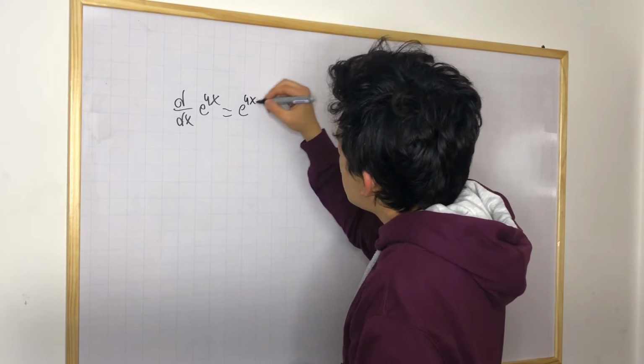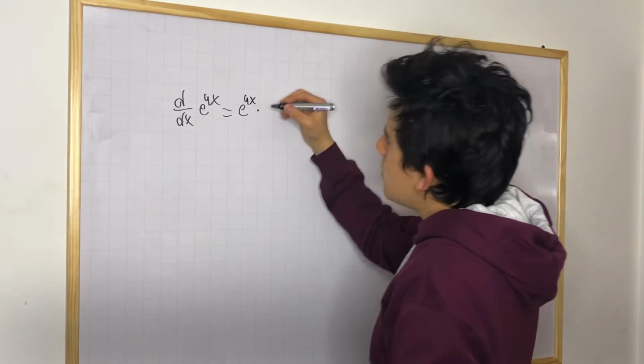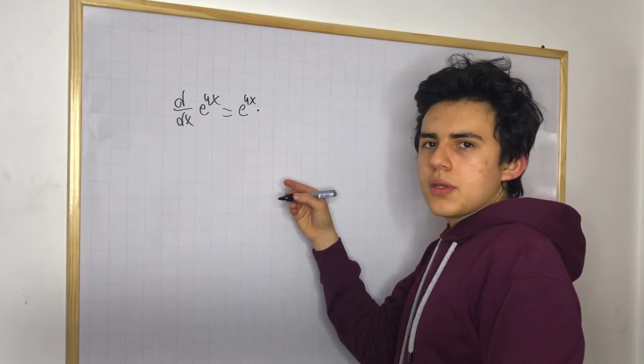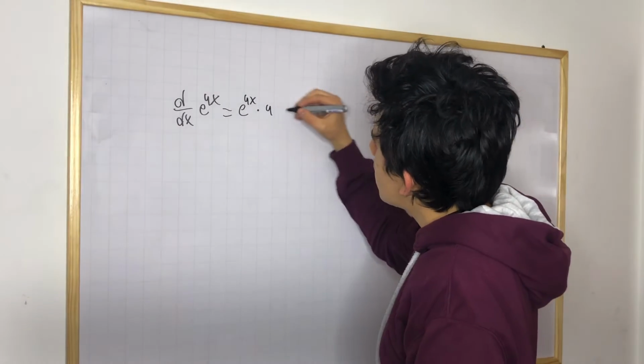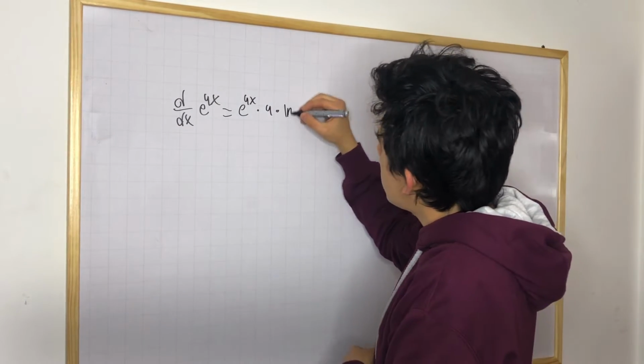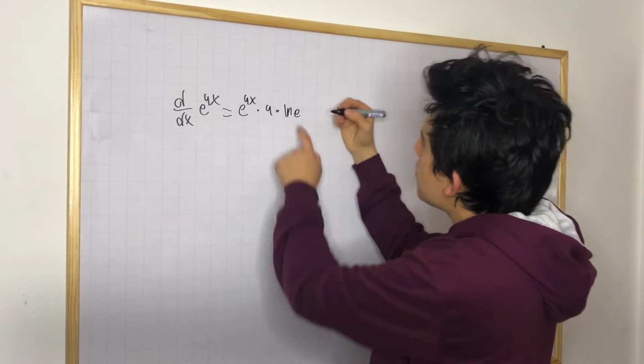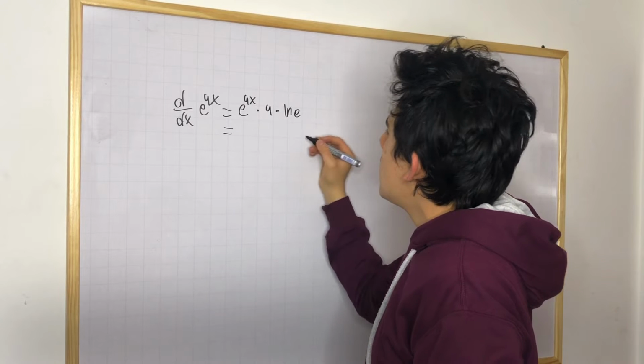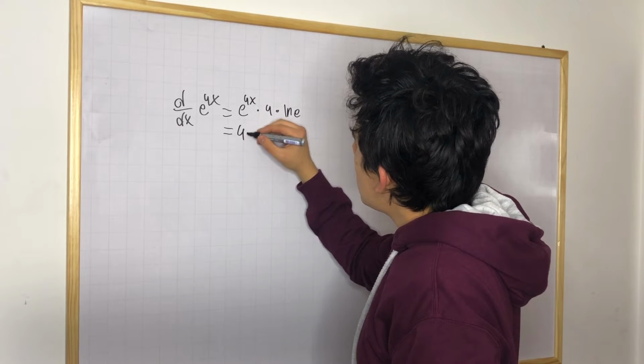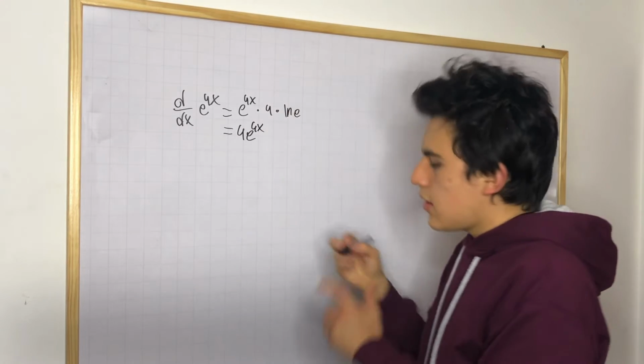So you're going to write e to the 4x times the derivative of the exponent, which is just going to be 4, and times the natural logarithm of the base, which is just going to be ln e. So you're just going to have 4 e to the 4x, okay?